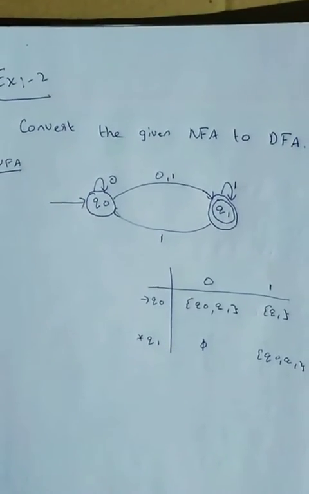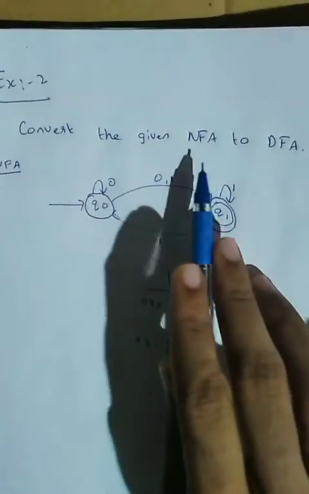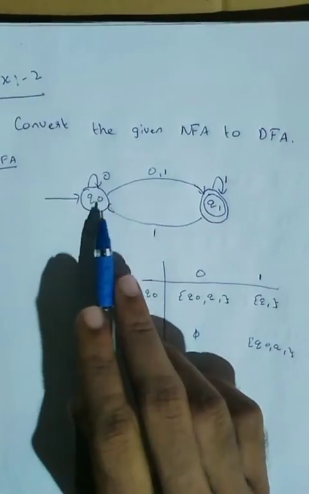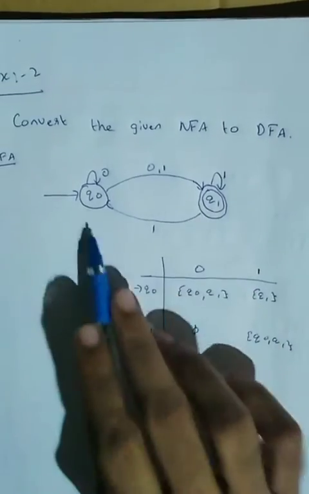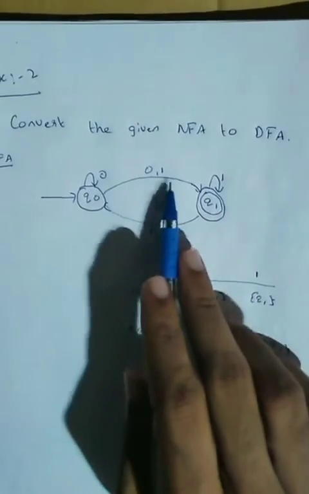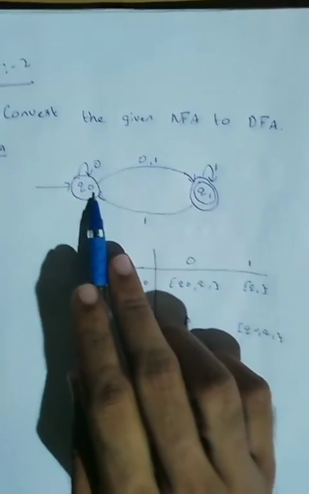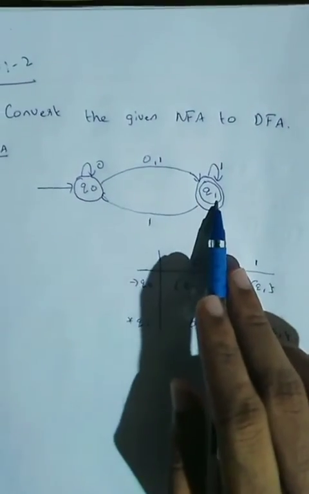Now let's look at another example, converting an NFA to a DFA. Here q0 and q1 are the states and 0 comma 1 are the inputs. Here q0 is the starting state and q1 is the final state.